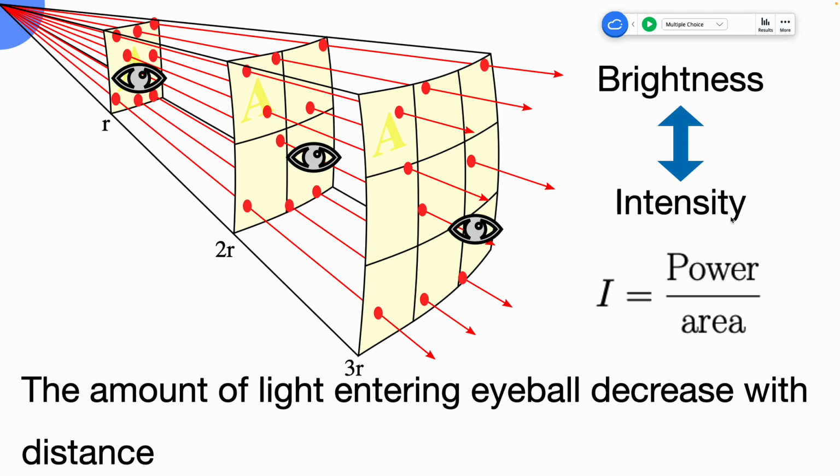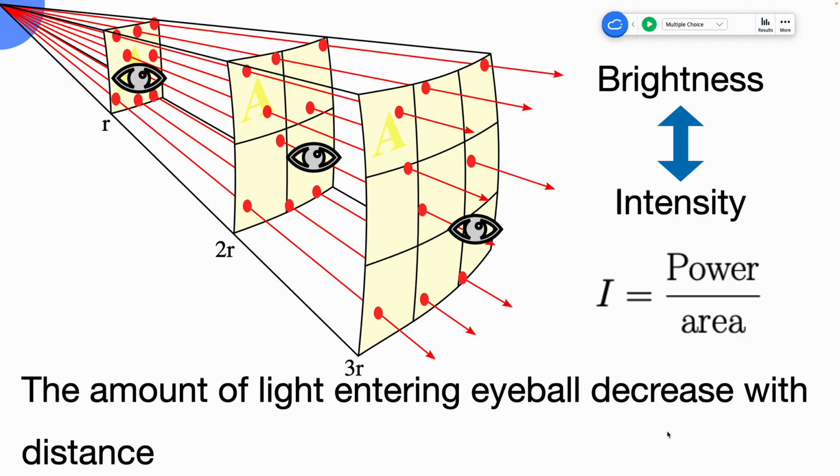What's happening? It's the same as the amplitude decreasing as you go farther away. The energy or the power has to be shared by the entire spherical surface. So the further away, the power shared by just the area of your eyeball decreases. That's called intensity. And that's why the brightness decreases as you go further away from the star.